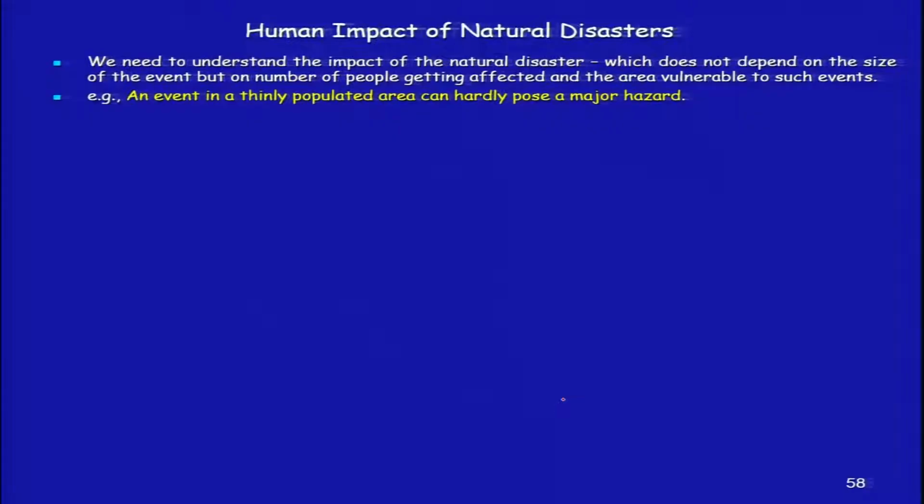This is a very good example. An event in a thinly populated area can hardly pose any major hazard, because there are fewer people staying there. So, fewer people will be injured or affected. So, a thinly populated area can hardly pose a major hazard.